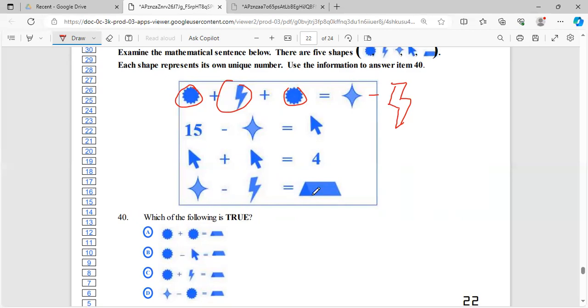Oh, that means if this minus this equals this, that means 2 of the star will be this. Guys, watch how easy it is. They say this minus this equals this. That means this minus this is also 2 of the star, so it's 8.